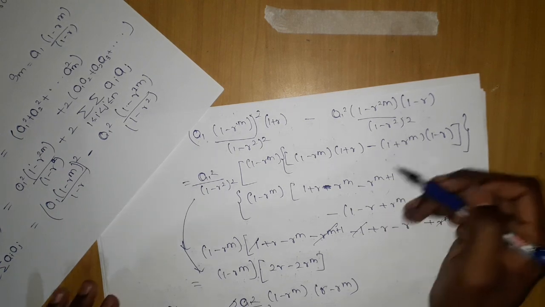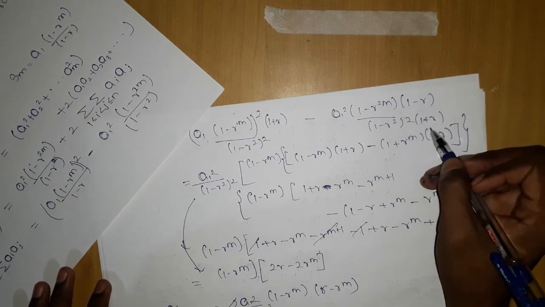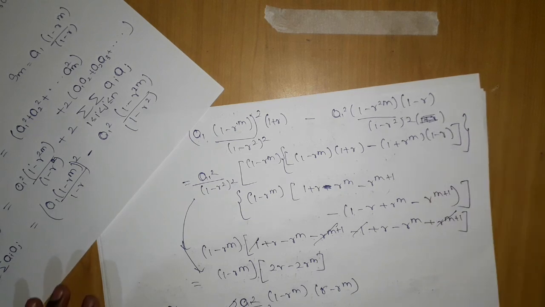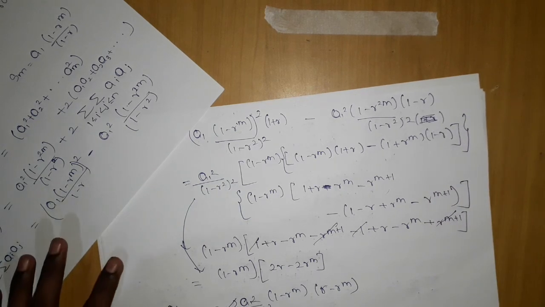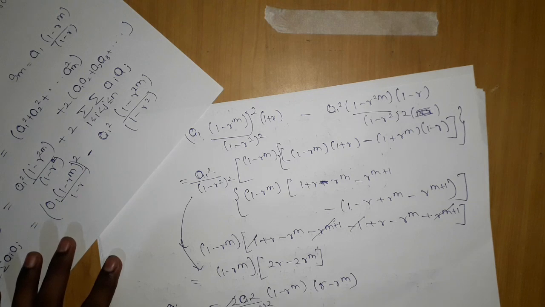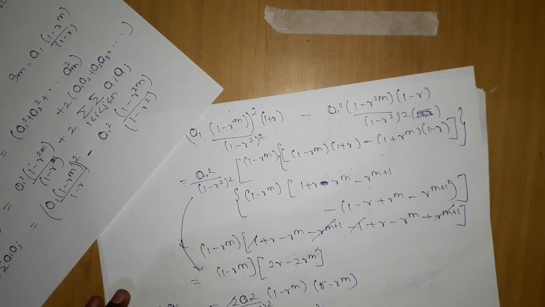Okay, I think there will be 1 plus r also here. If we broke it out into 1 minus r, okay, we didn't break it out. So if I separate it, there will be (1 plus r) square. So what we are getting, we can separate (1 minus r) power m like this, (1 minus r) whole square.